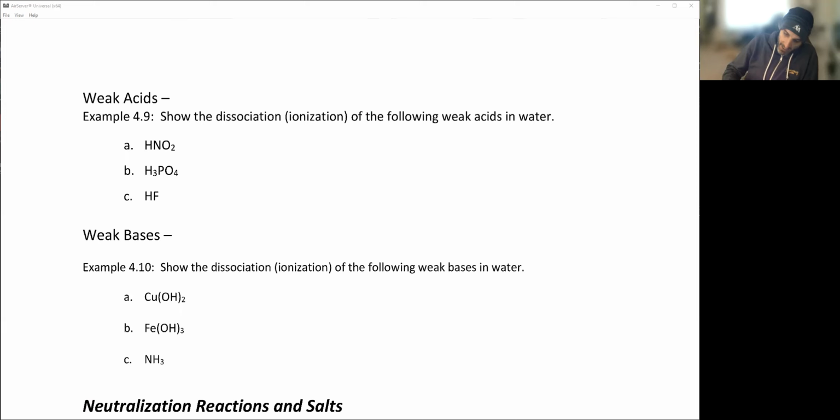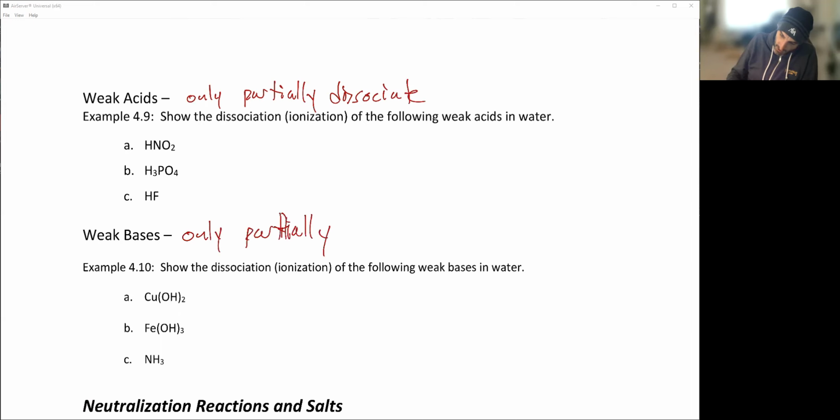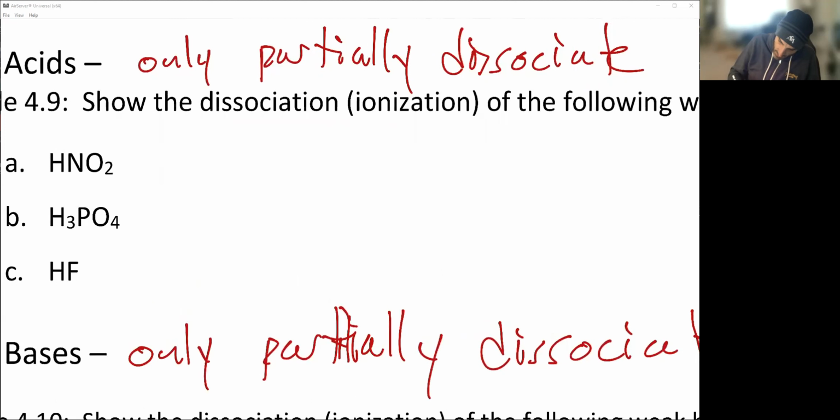Weak acids, on the other hand, only partially dissociate. And weak bases only partially dissociate. Again, I'm going to do the first one, and then you can do the rest.